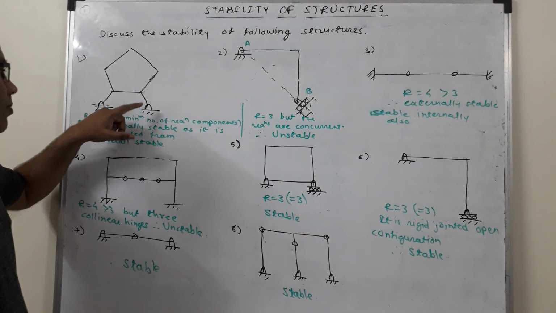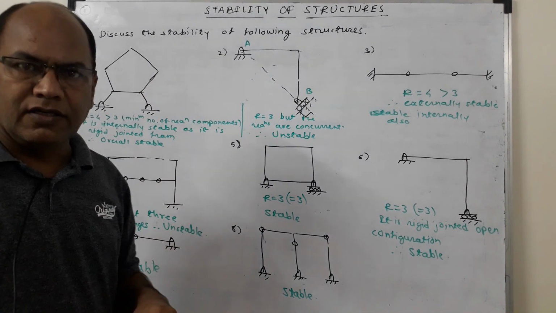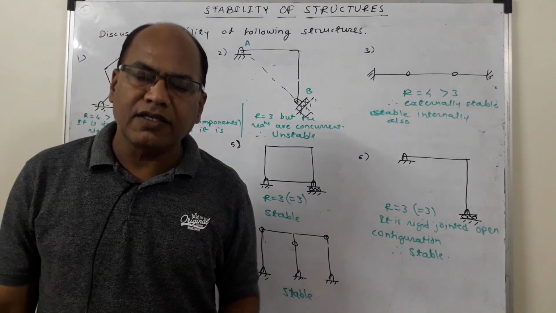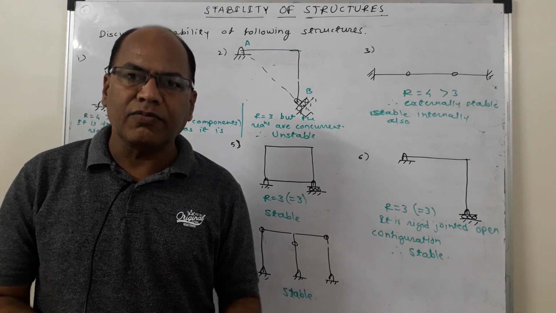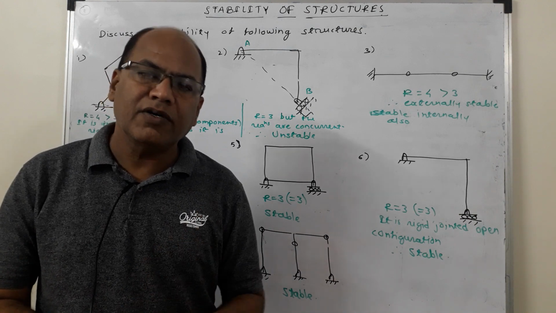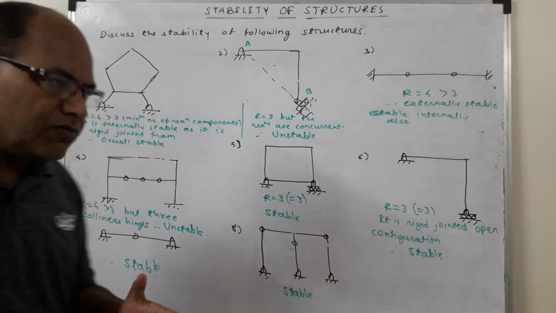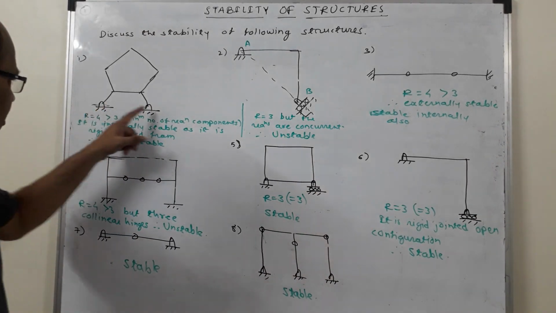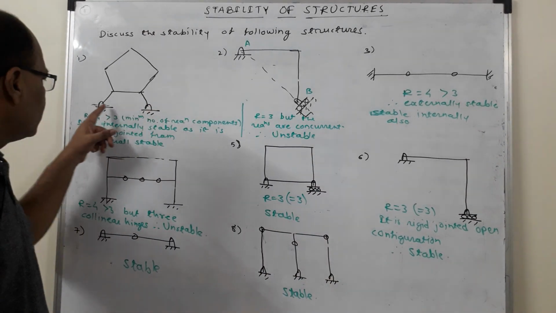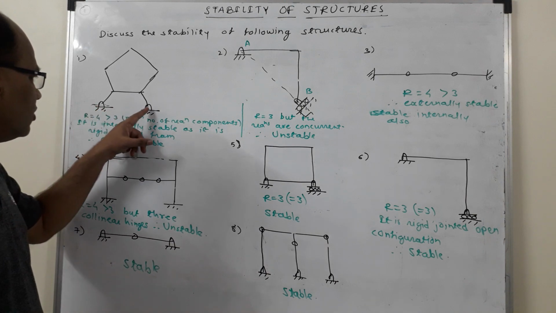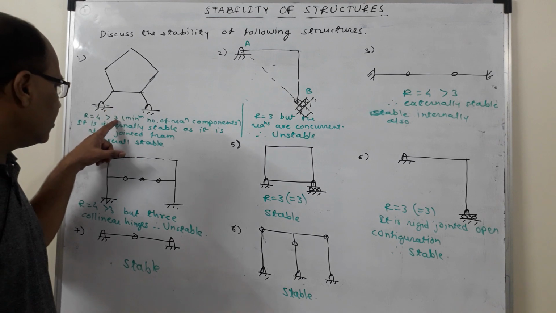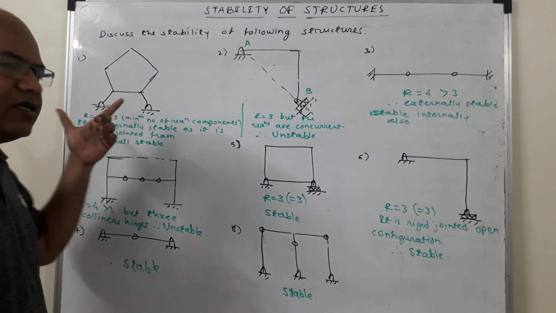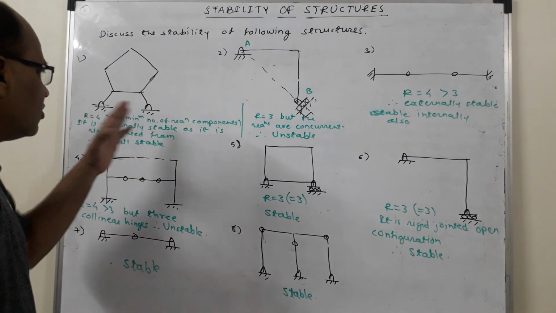For external stability of any structure, the two necessary conditions are: first, the number of reactions should not be less than 3. So the minimum number of reactions is 3. Let us check how many reactions are there. There are two hinge supports, so two reaction components over here, two reaction components over here. So R is equal to 4, which is greater than 3, which means the number of reaction components is more than 3.